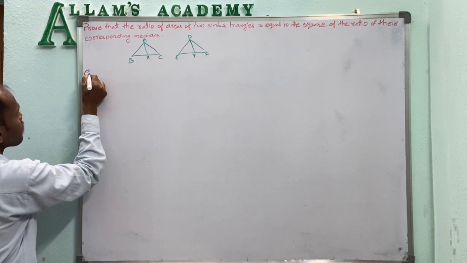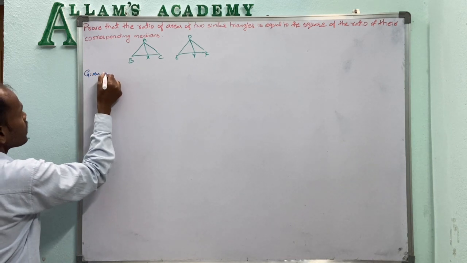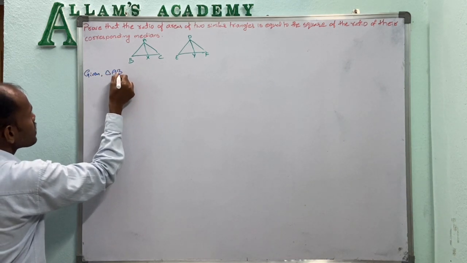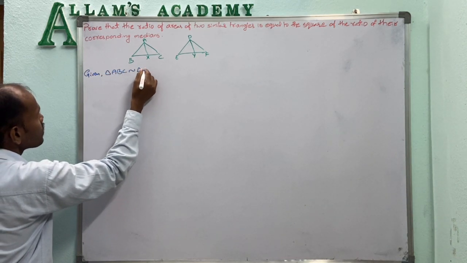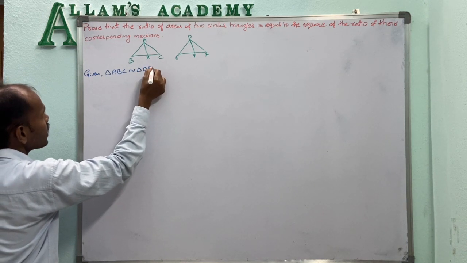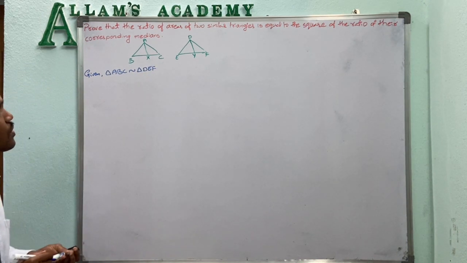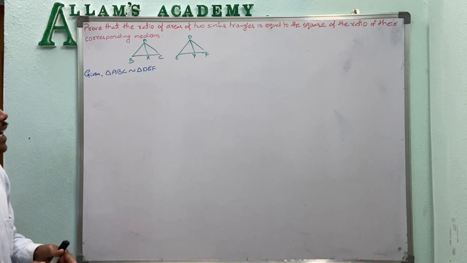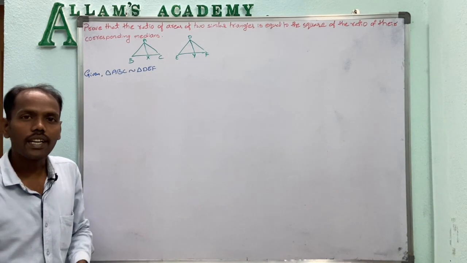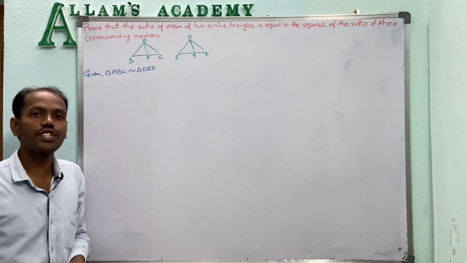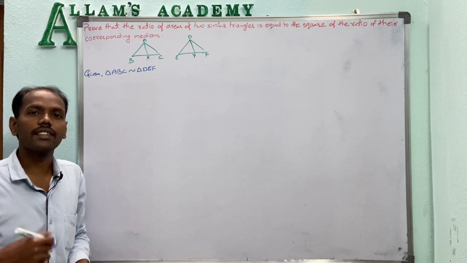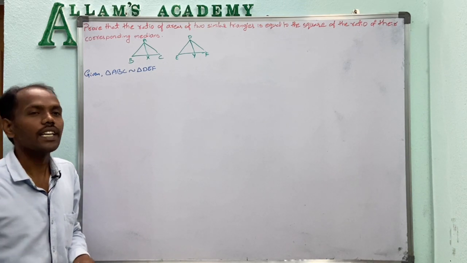Given: triangle ABC is similar to triangle DEF. So two triangles are similar, so their corresponding sides ratio is equal and the corresponding angles are equal.